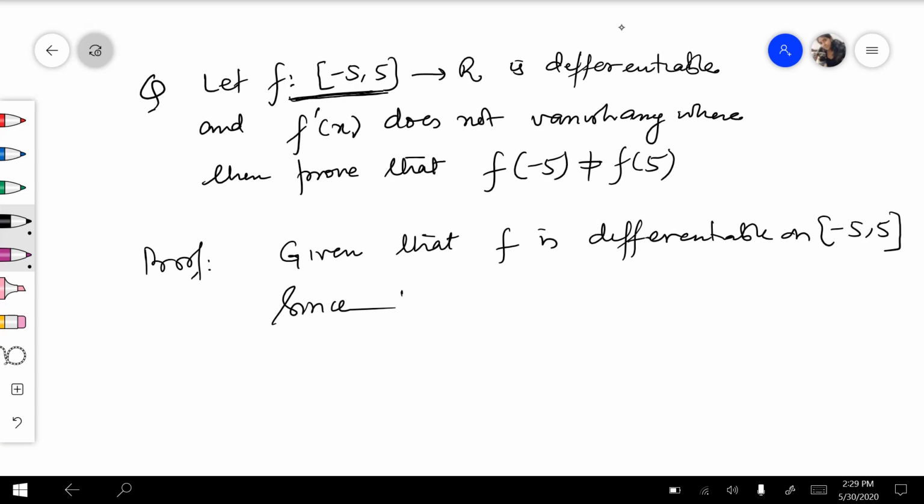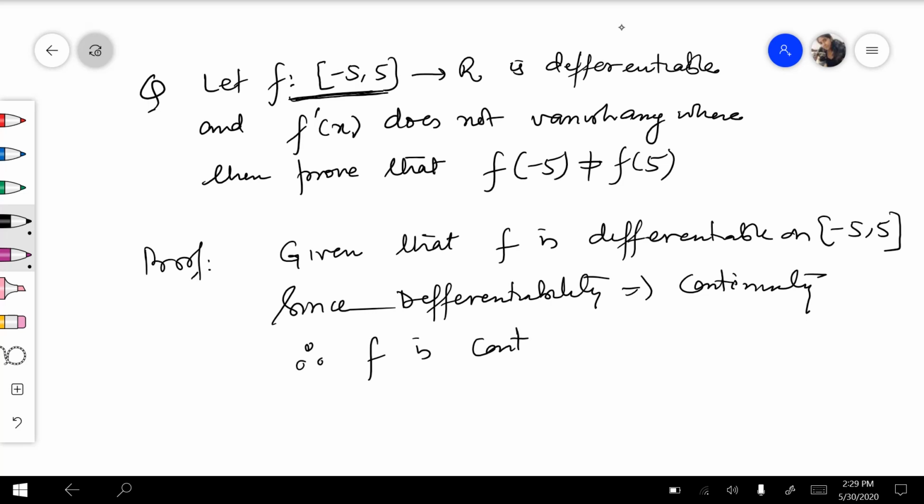Since differentiability implies continuity, therefore f is continuous on the closed interval -5 to 5. और यही तो थी हमारी कंडीशंस LMVT की.